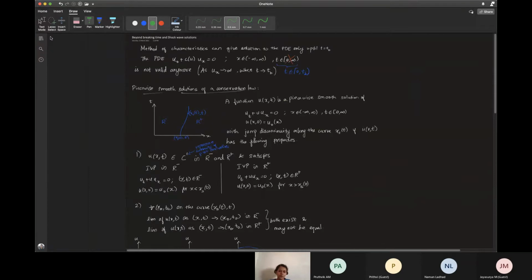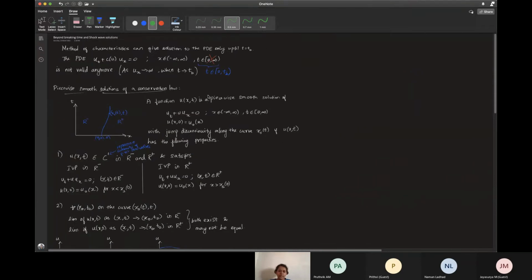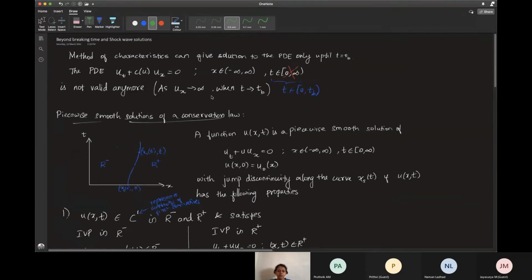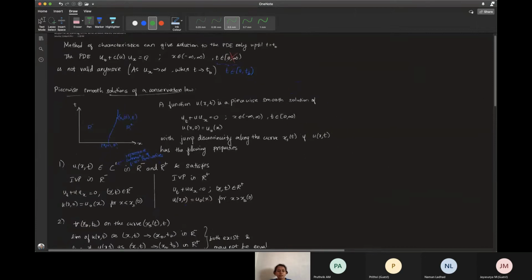So now what we do beyond breaking time is this one. So we already saw that the method of characteristics breaks down after the breaking time. That is, we cannot follow the characteristics and get the solution in the region where we had intersections.